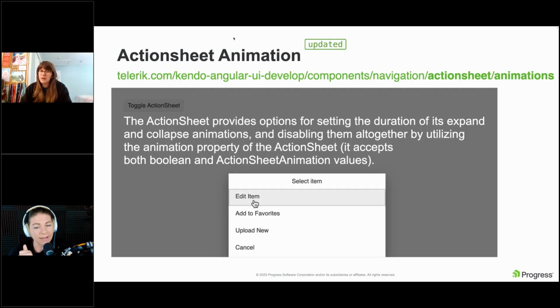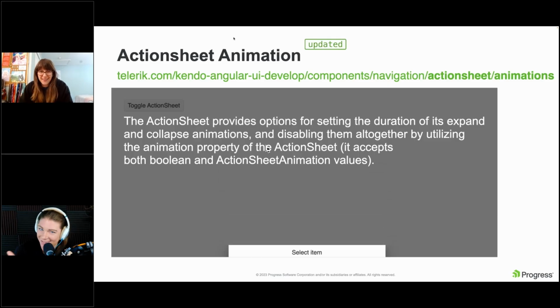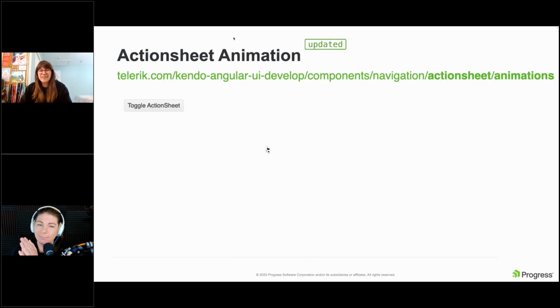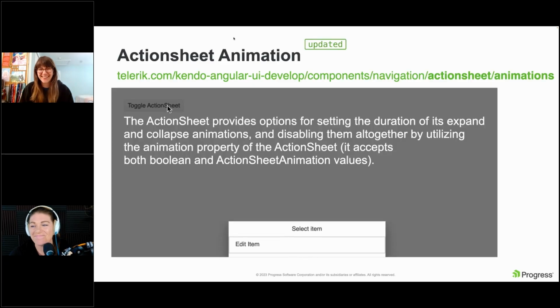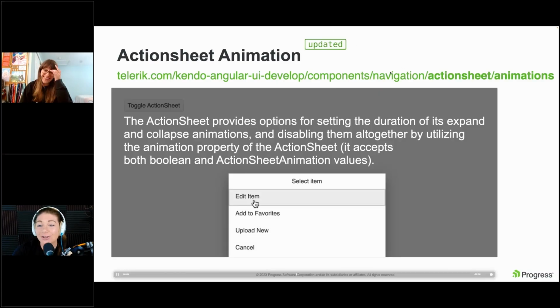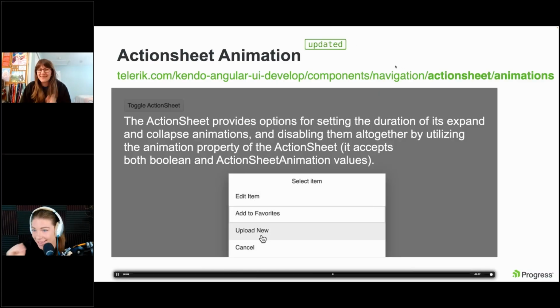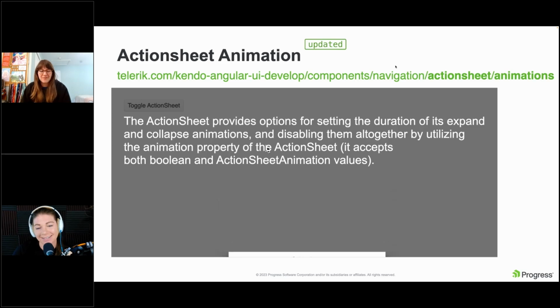So they even thought of that as well. I know, that's nice. But nobody's going to make their animation this slow. We're obviously just showing you there is an animation duration in milliseconds you can pass in there, and we just want you to be able to take it all in. You're welcome. So that's underneath the navigation package, and you can go to action sheet and then animations is how you can use that today.